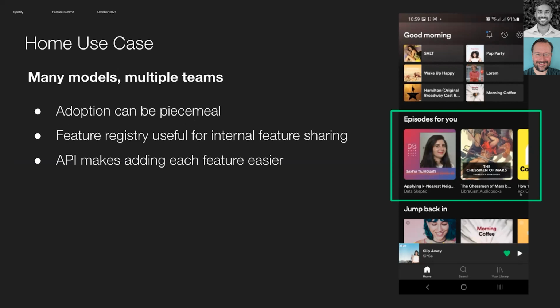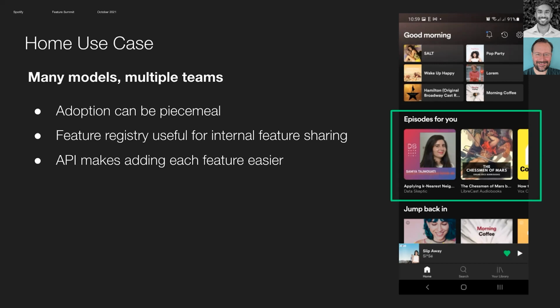So Jukebox 2.0 is actually an easy to adopt technology within the Spotify context. First, adoption can be piecemeal, which is pretty good. So you can register somebody else's features. You're not dependent on them registering it. You can do it yourself. The feature registry is useful internally.